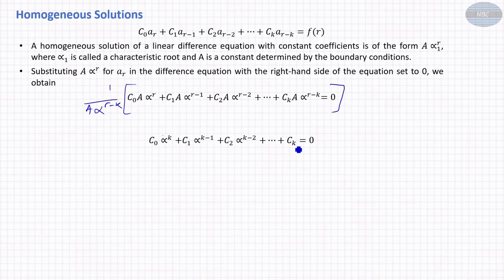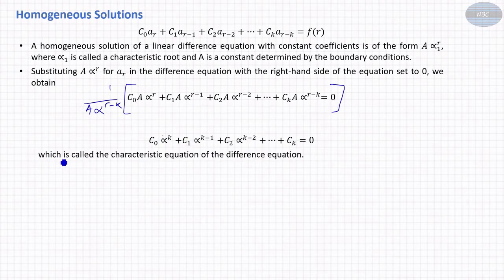Here in this term we have only ck. Similarly, a will be cancelled out in each and every term, and alpha to the power r divided by alpha to the power r minus k is equal to alpha k. In this way, all other terms are calculated. So this is called the characteristic equation of the difference equation.